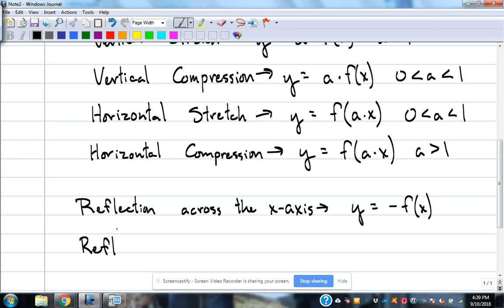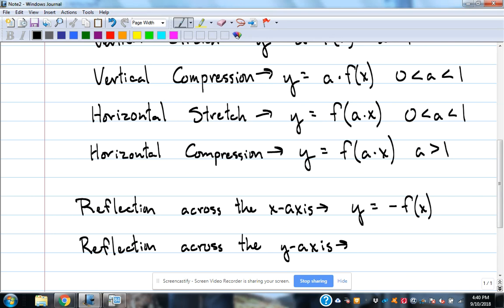Last thing that we've got to recognize is a reflection across the y-axis. Y-axis, straight up and down, that's the y-axis. If something is on this side of the y-axis and moves across here, what happens? What value changes?